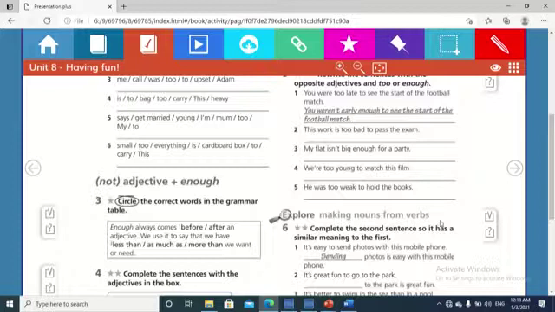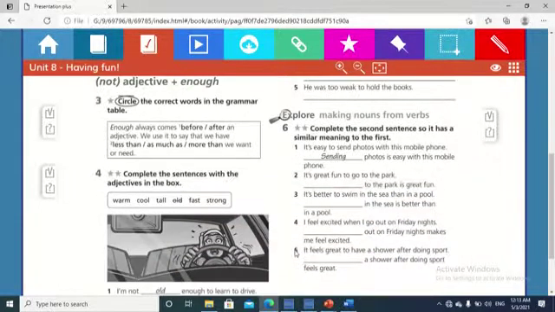What about the last one? Making nouns from verbs. Of course, this is taken from the reading text on Unit 8. So go straight, complete the second sentence so it has a similar meaning to the first. Of course, making the nouns from verbs. This is to make the verb -ing as a gerund.